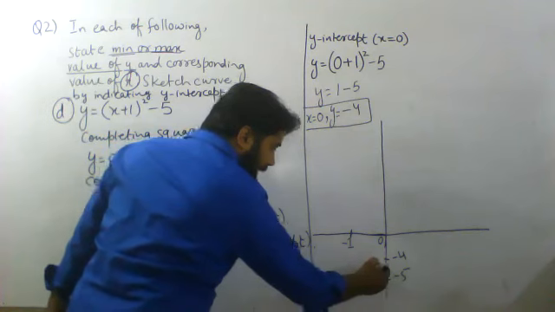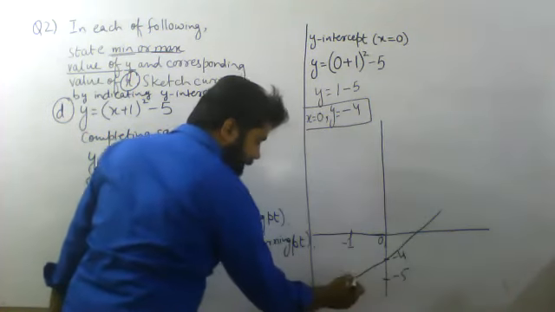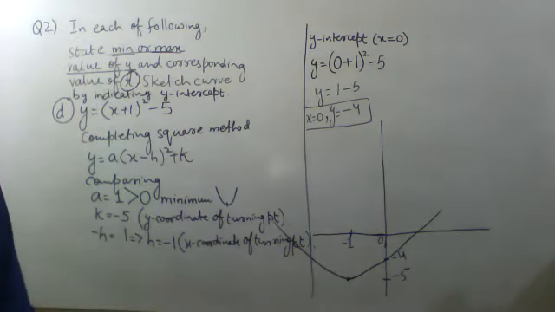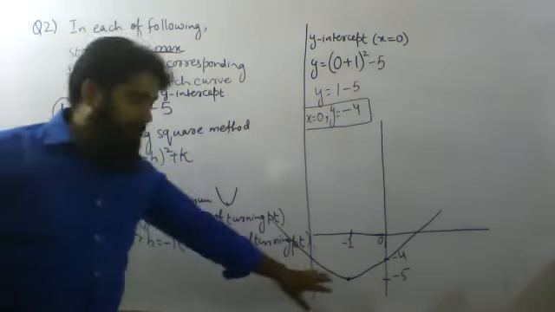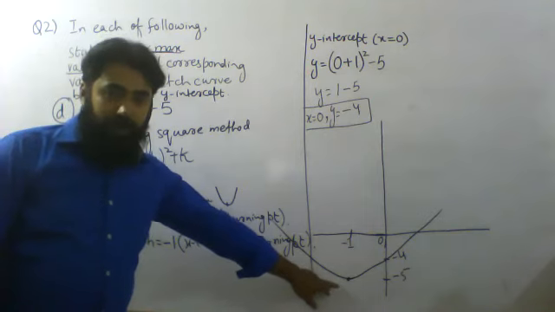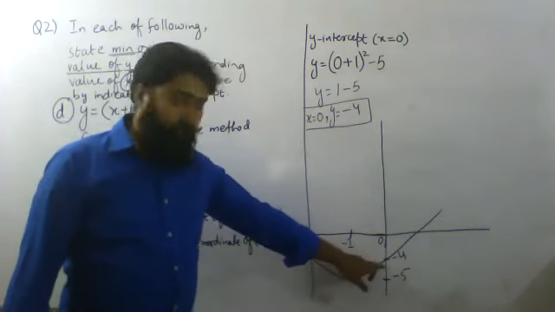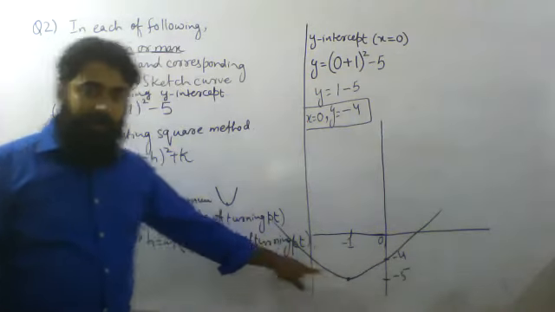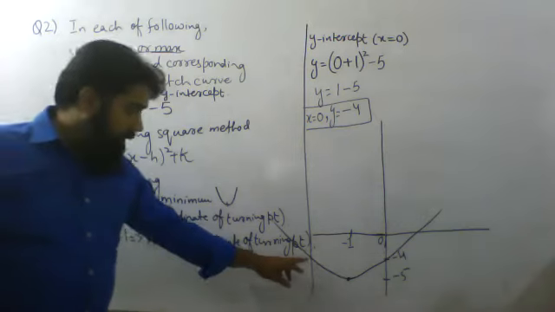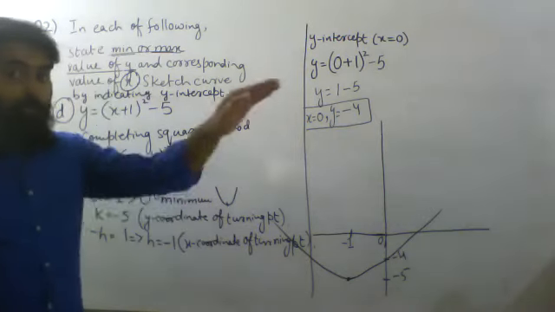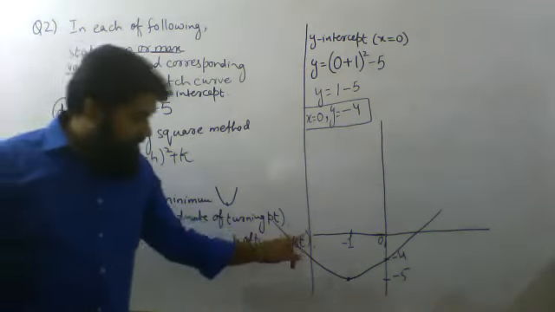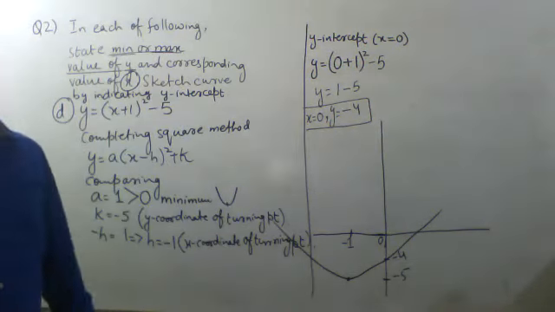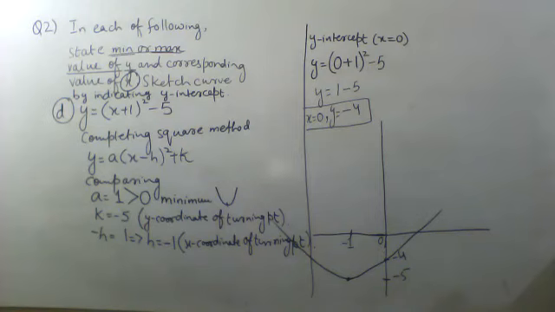From the turning point to the y-intercept, going on like this, and from the turning point going in this direction. Just a simple plane curve should be formed, and this is how you are going to get your curve.